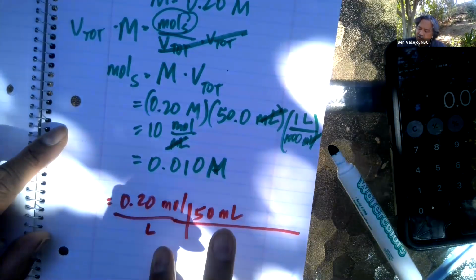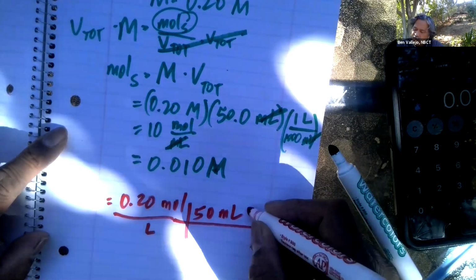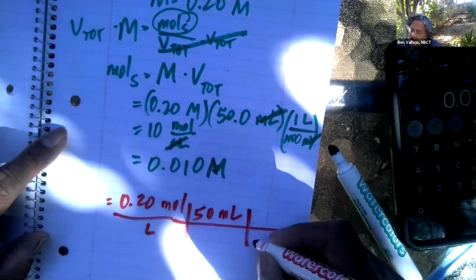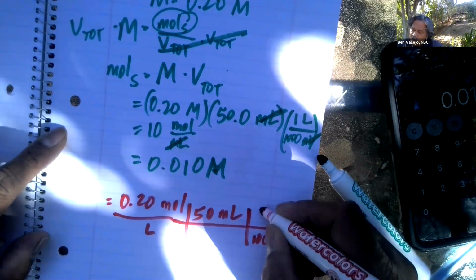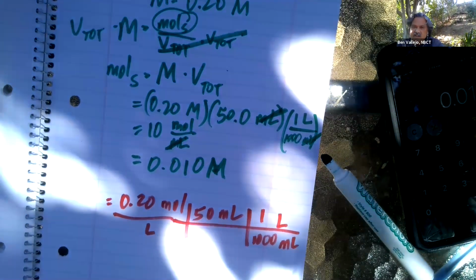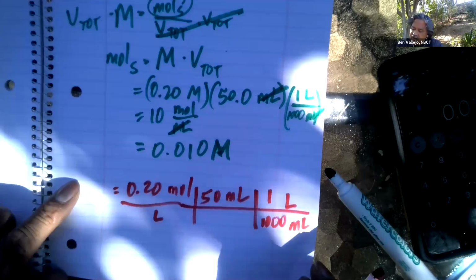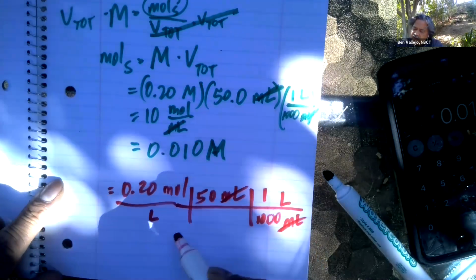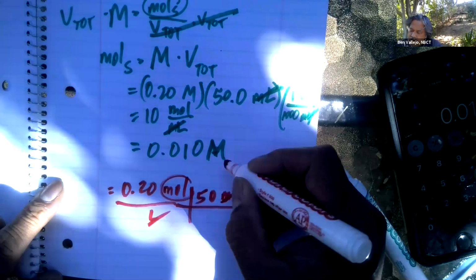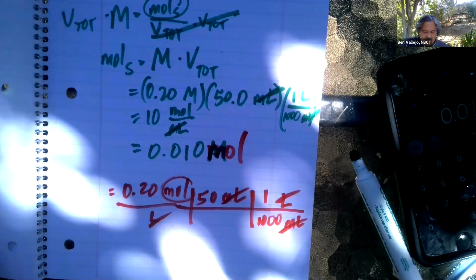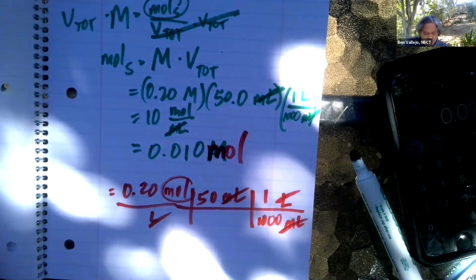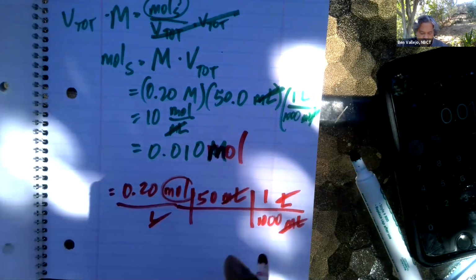Well, those don't cancel, but we know that there are 1,000 milliliters in 1 liter. So now you can see things cancel out. There's the milliliters, there's the liters, and then we have moles, which is where I goofed, and that's number 24.